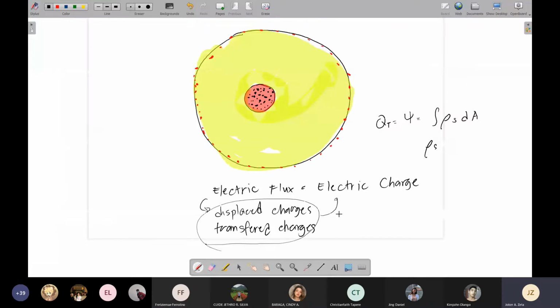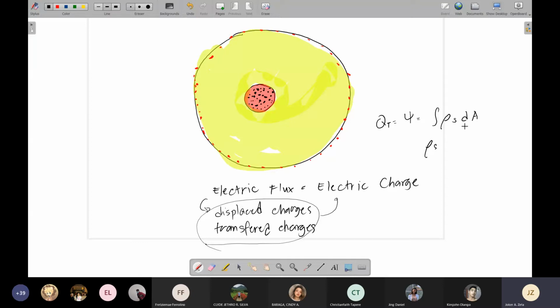Okay? Now, it's just area because basically the displaced charges are only present in the surface area of the sphere. They were not displaced around the whole volume, but on the surface alone. So the original charges inside our inner sphere were just displaced onto the surface of the outer area.